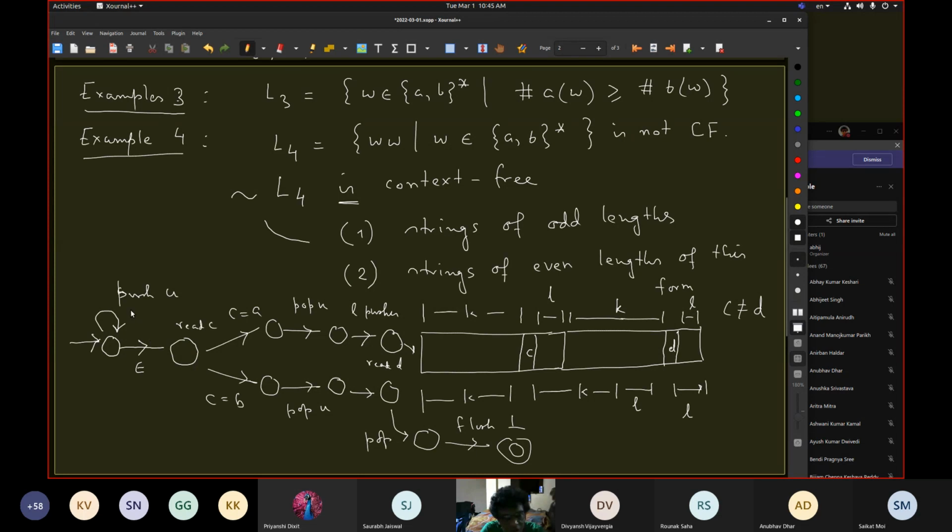So the question is, how long will this loop run? Similarly, you look at this pop thing. This is a loop actually. These are loops. This push and pop are in loop.